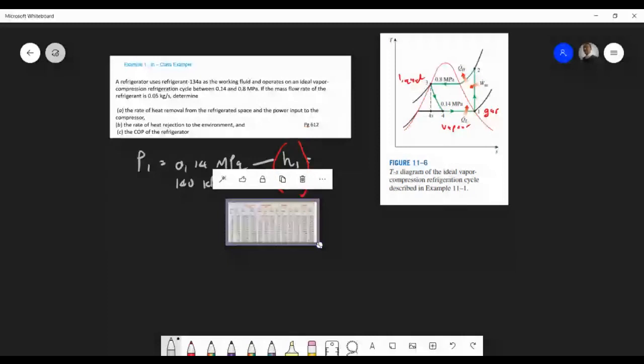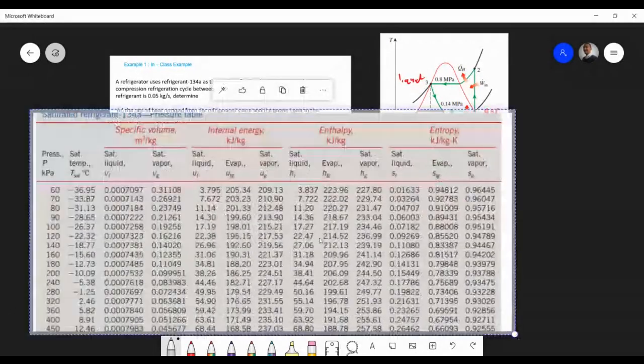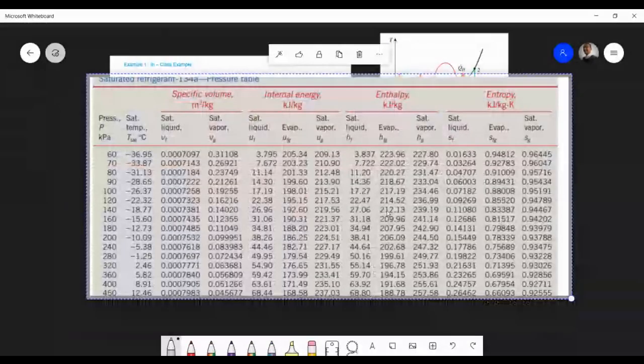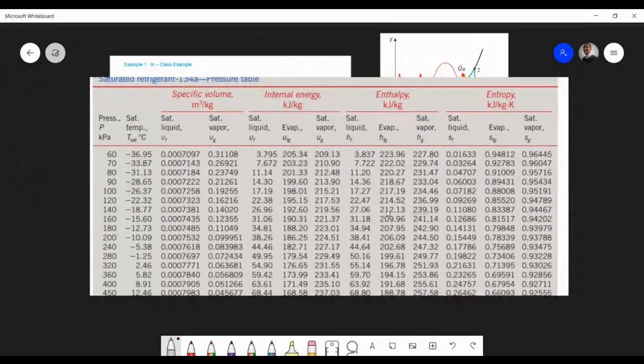Let's have a look quickly: 140 kilopascals. We're always taking our enthalpy values; Hg at 140 is 239, and 0.94467, at 140 kilopascals, 0.14 MPa.